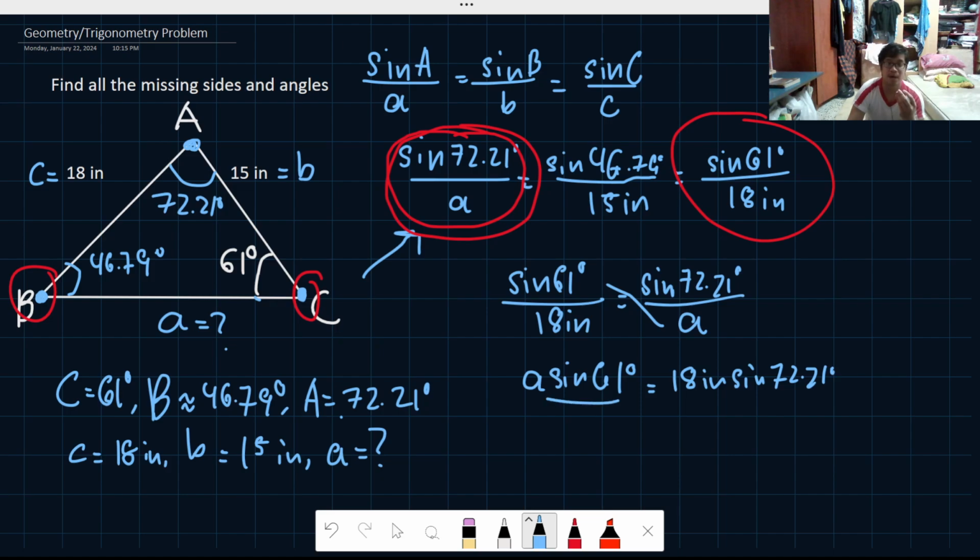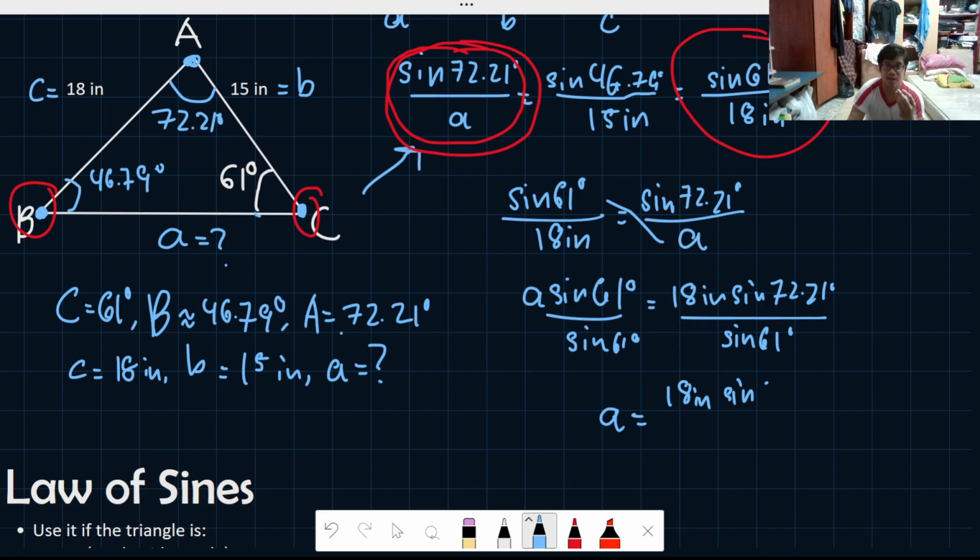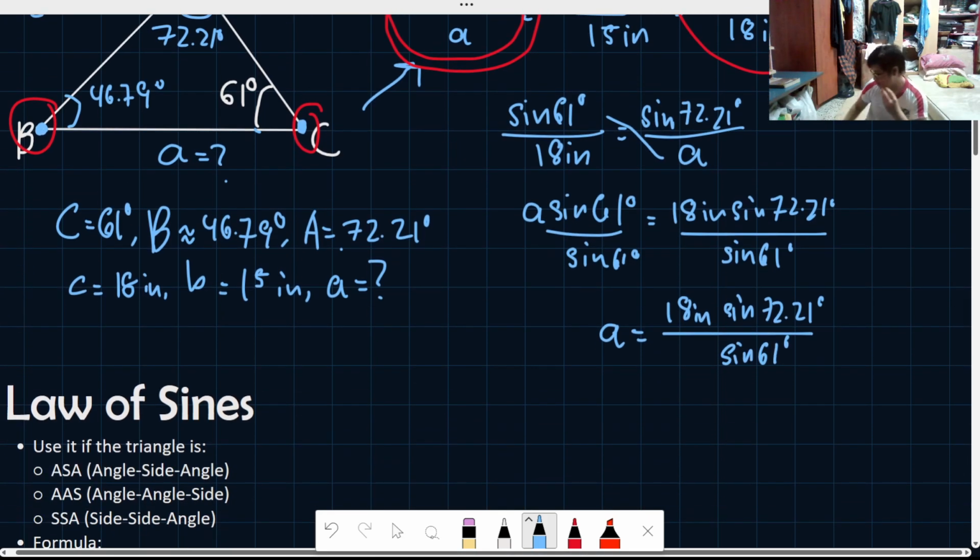Then, let's find our A by dividing both sides by sine of 61 degrees. So here you will have A as 18 inches times sine of 72.21 degrees all over sine of 61 degrees. So let's use our calculator.